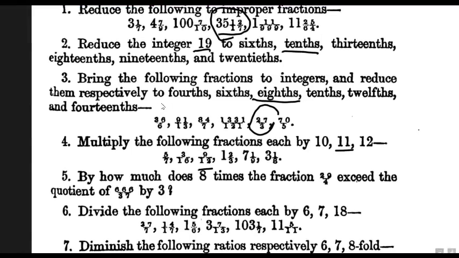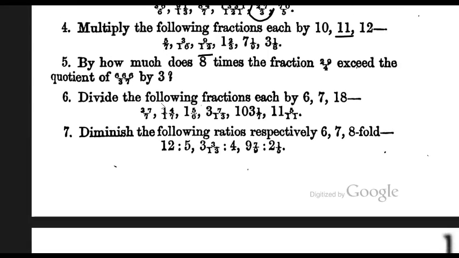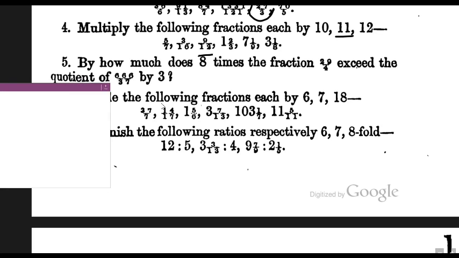Next one. How much does 8 times the fraction 29 fourths exceed the quotient of 666 37ths by 3? That's a fun question. Okay, so let's start with 8 times the fraction 29 fourths.